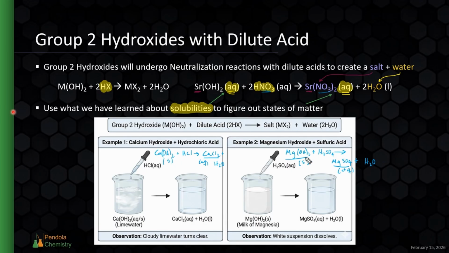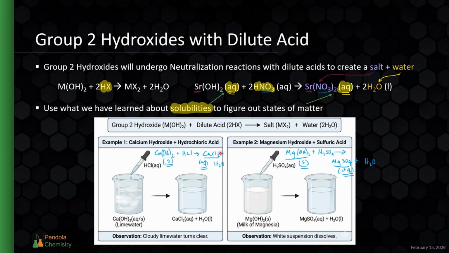So even though these are the exact same reactions, hydroxide of group 2 with an acid creates a salt and water, the state of matter of the hydroxide as well as the state of matter of the salt, the ionic compound, are going to vary. So our observations are going to vary. The good thing is that we're never going to have to worry about colors.